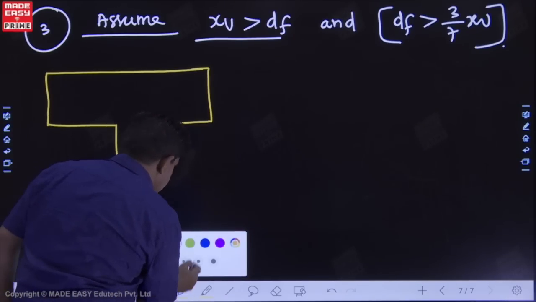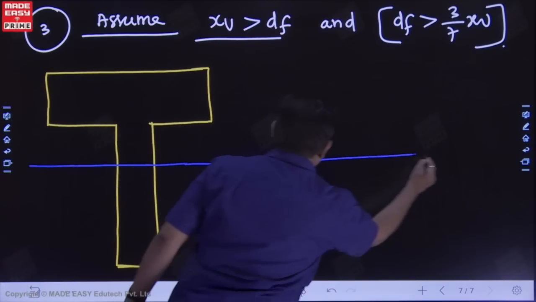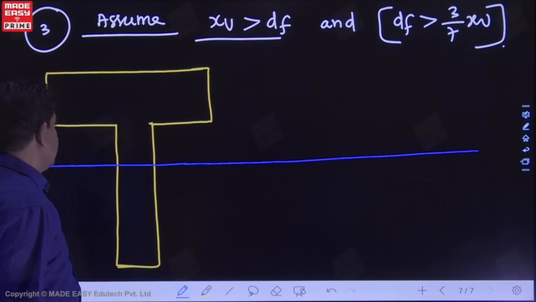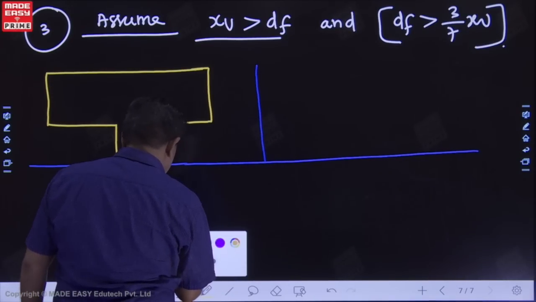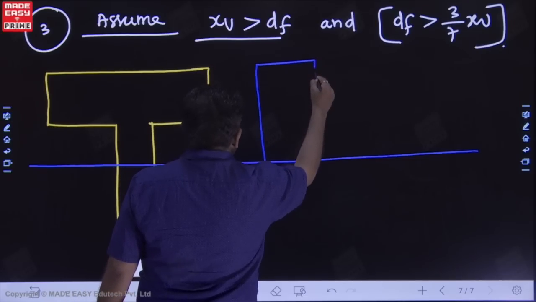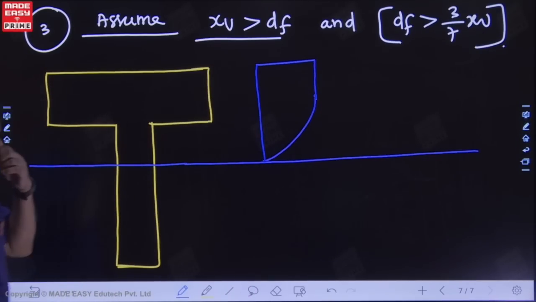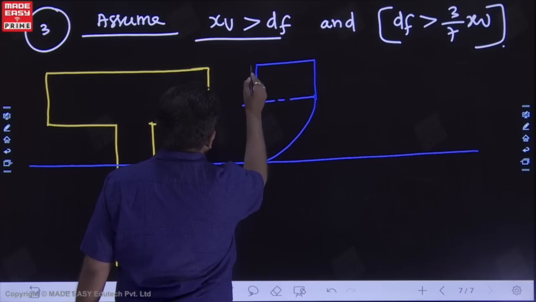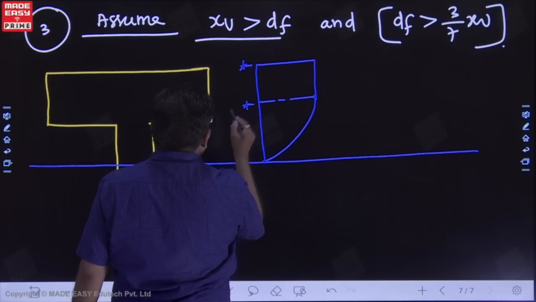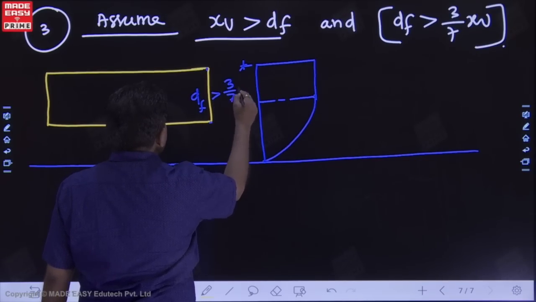So your neutral axis may be at such a location, suppose it is here, such that the stress diagram gives you whatever case. First of all, it is the rectangular portion and then it is the parabolic portion. So your rectangular portion in this case is less. This is 3 by 7 xu and this Df is more. So this Df is greater than this value 3 by 7 xu.